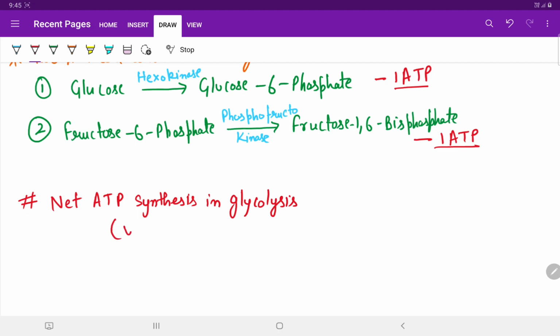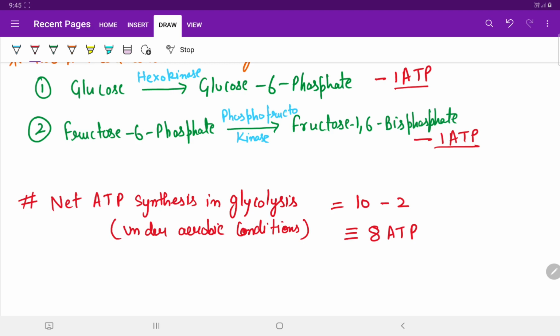So this all occurs under aerobic conditions. Now this is 10 minus 2 equal to 8 ATPs. So the net production is 8 ATPs per molecule of glucose.